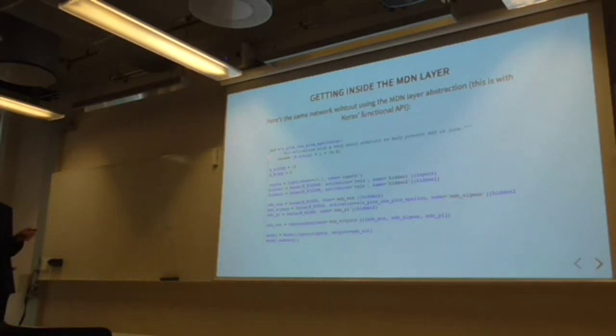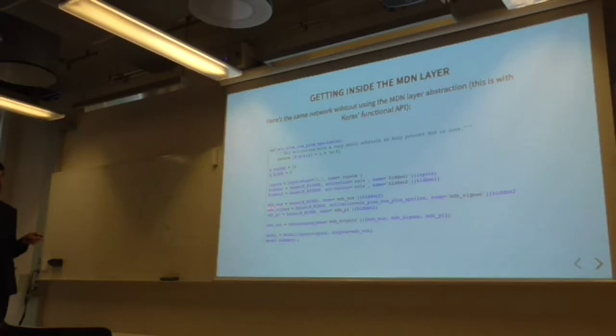So I've got a function up here. I'm not going to worry about that for the moment, but my input layer, just one input for the X. Hidden layer is a dense layer, another hidden layer, dense layer, right? We're not doing anything special so far. And then this is where I'm doing the branching. I've got 3 dense layers, and they all depend on the previous hidden layer, hidden 2, hidden 2, hidden 2.